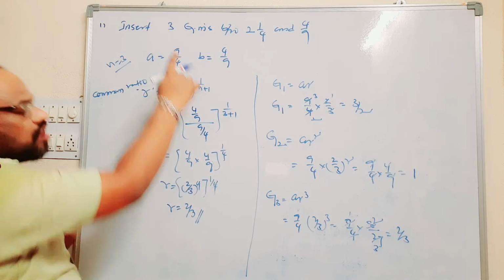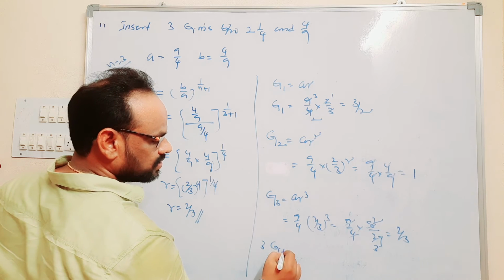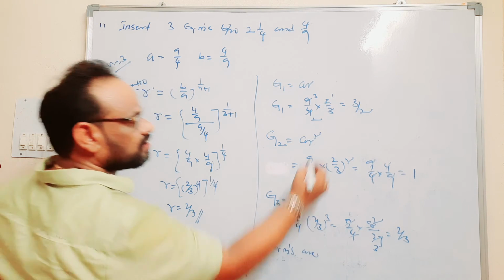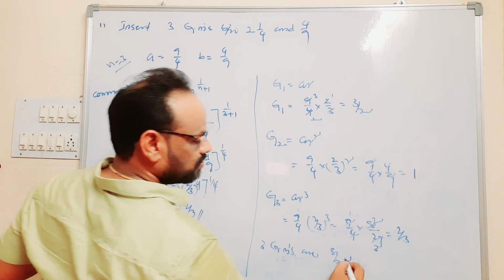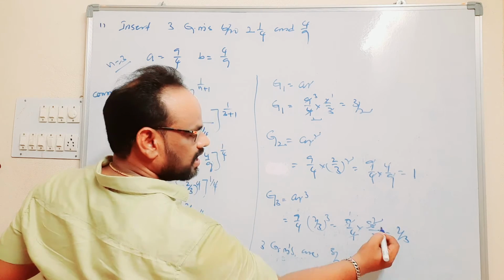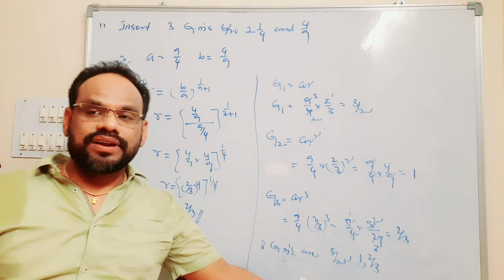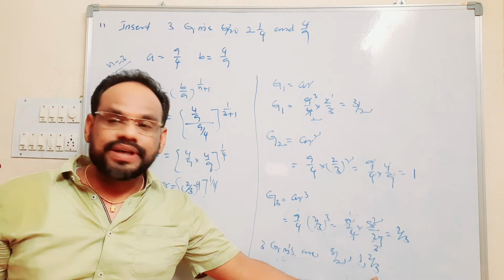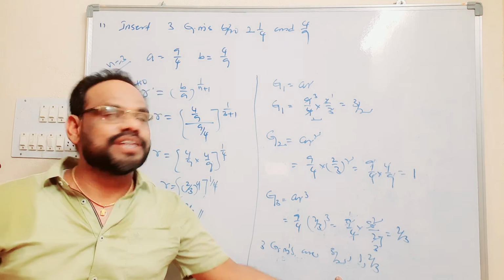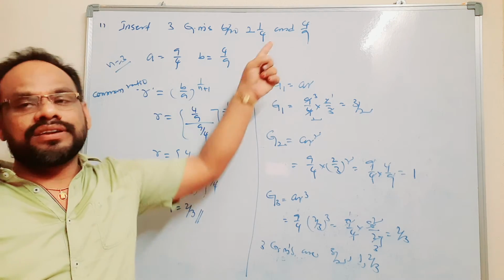Therefore the 3 GMs are: first one 3 by 2, second one 1, and third one 2 by 3. So 3 by 2, 1, and 2 by 3 are the 3 geometric means between the two given numbers.